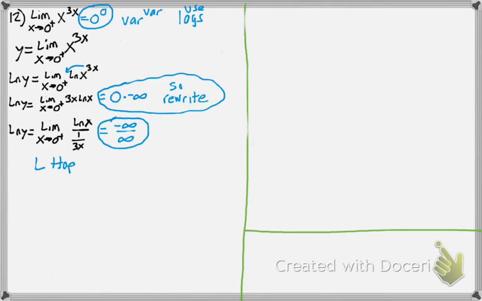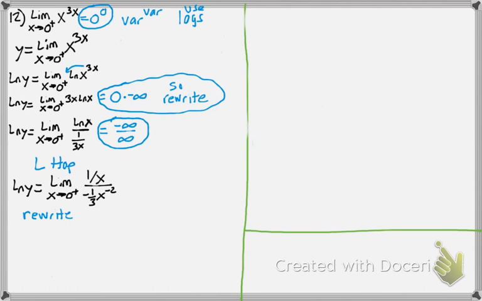So if you use L'Hopital's rule, then ln of y is equal to the limit as x goes to 0 of 1 over x over negative 1/3 x to the negative 2. I do want to rewrite this, so a lot of rewriting on this problem.